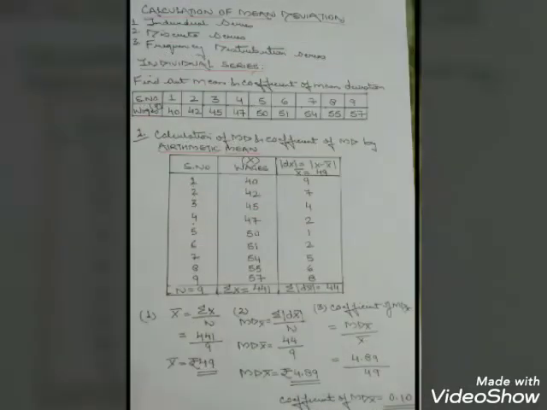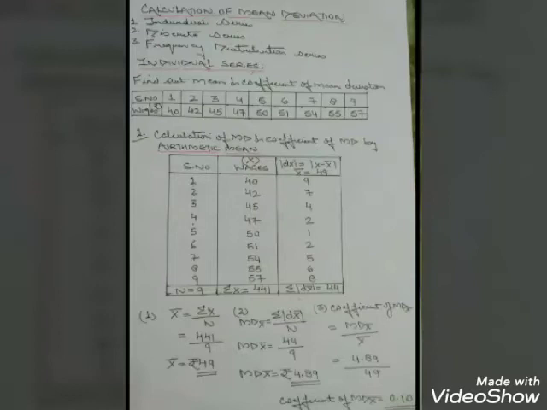When we calculate mean deviation, it can be calculated for three different series: individual series, discrete series and frequency distribution series. Today I am going to start with the individual series.